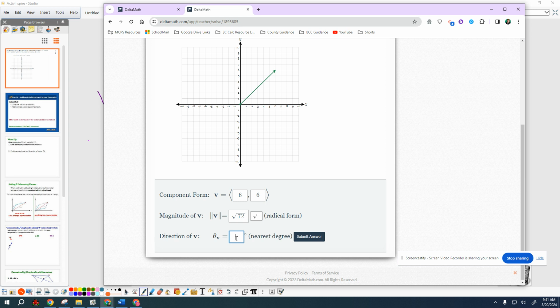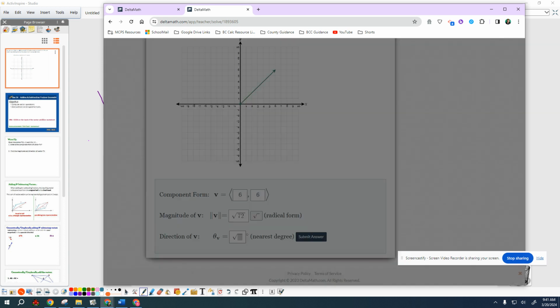This box with the square root on it, that's Delta Math being nice saying, if you wanted a square root, just click this. It's not meant to be, and I don't want the square root in where I just tapped.